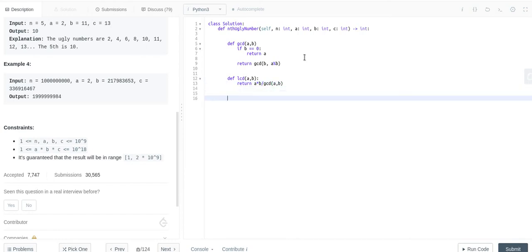Then we use the binary search, so we first get the least common multiple of each two numbers.